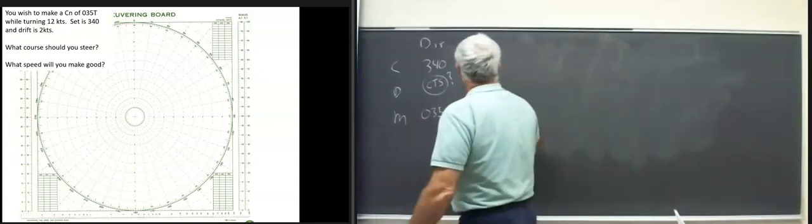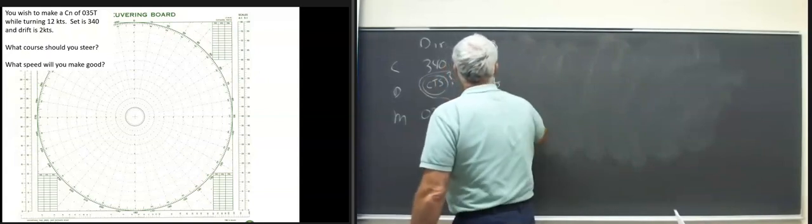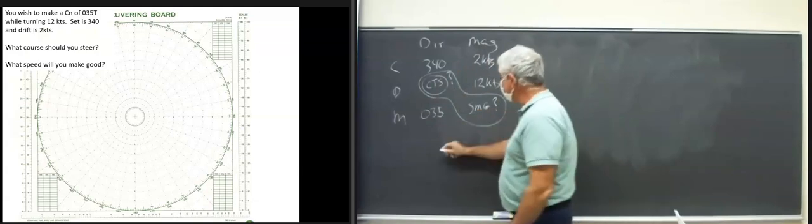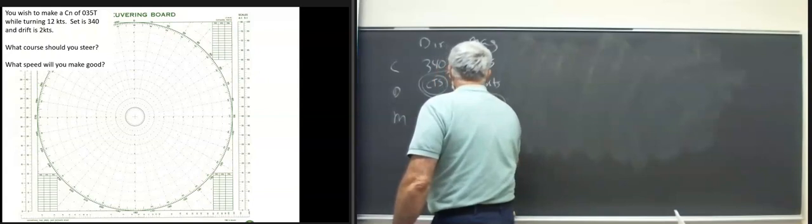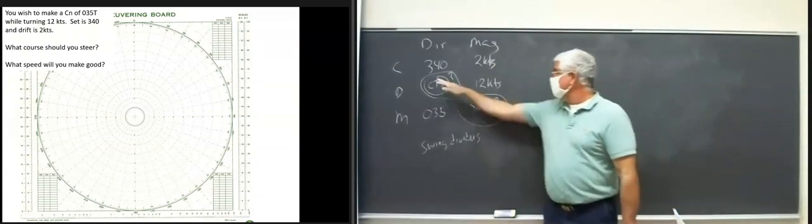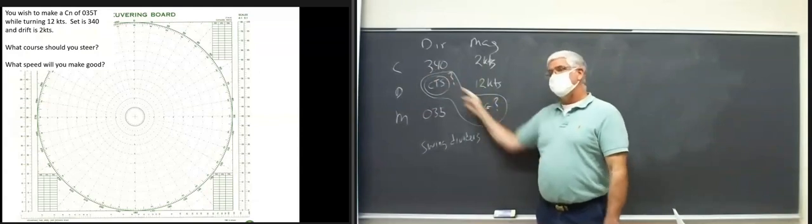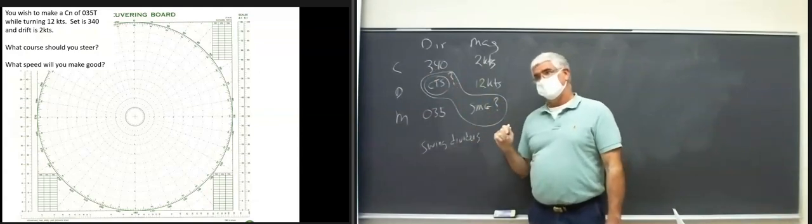If you see this pattern, this is the one where you have to swing your dividers. If you use this table and the things you're looking for are not on the same line, you got to swing your dividers. Okay?